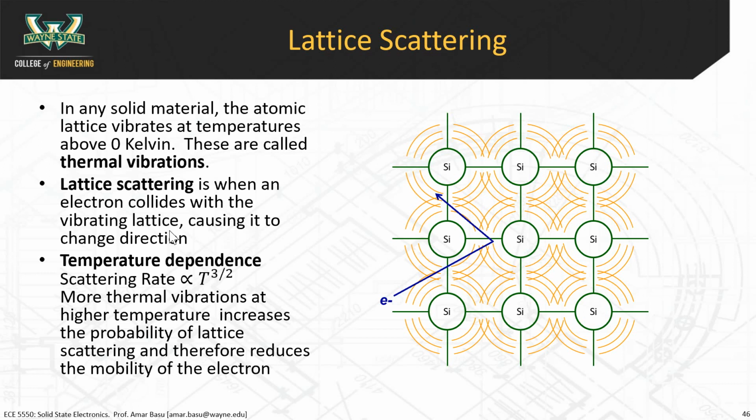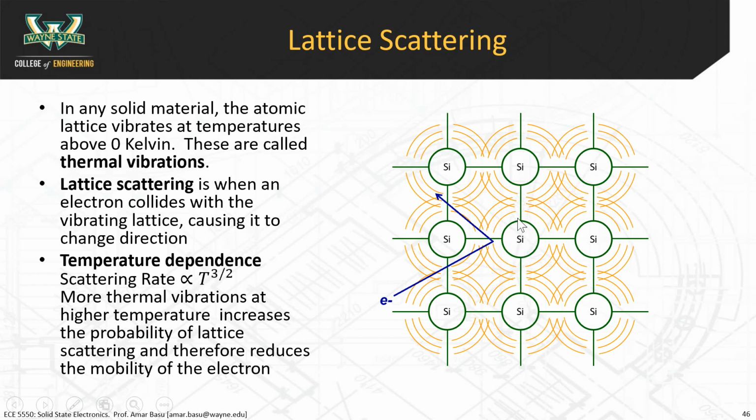Okay, but at non-zero temperatures, the silicon atoms are vibrating. The nuclei are vibrating, and the electron clouds are sort of vibrating. They're called thermal vibrations, and lattice scattering is when an electron collides with this vibrating lattice, causing it to change direction.